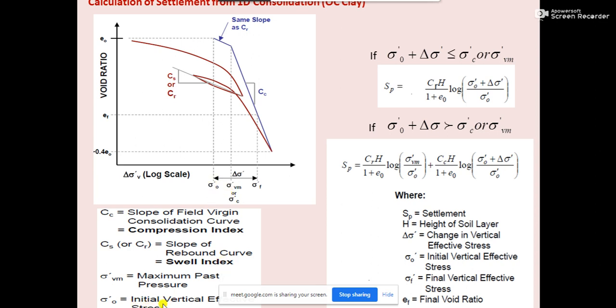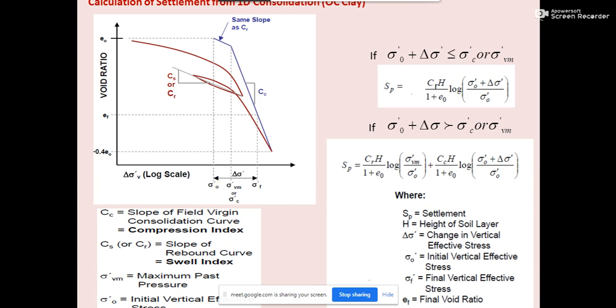It is the initial vertical effective stress. That means this sigma naught dash is the pressure which is lesser than the over consolidation or pre-consolidation pressure. Please understand, this sigma naught dash is the original overburden pressure as the soil is now experiencing.